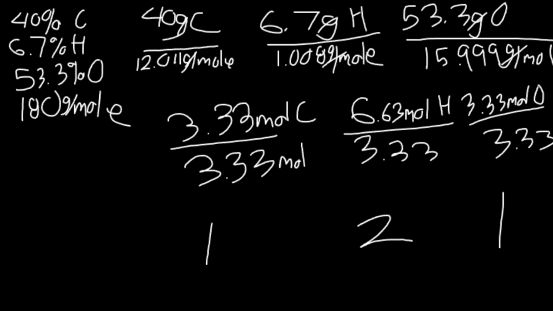Now, we get the ratio 1 to 2 to 1. These are the values of the empirical formula. This means that if we turn this into a formula, we get carbon, since it's 1 we don't have to put anything, hydrogen 2, and oxygen. This is the empirical formula of the given compound.